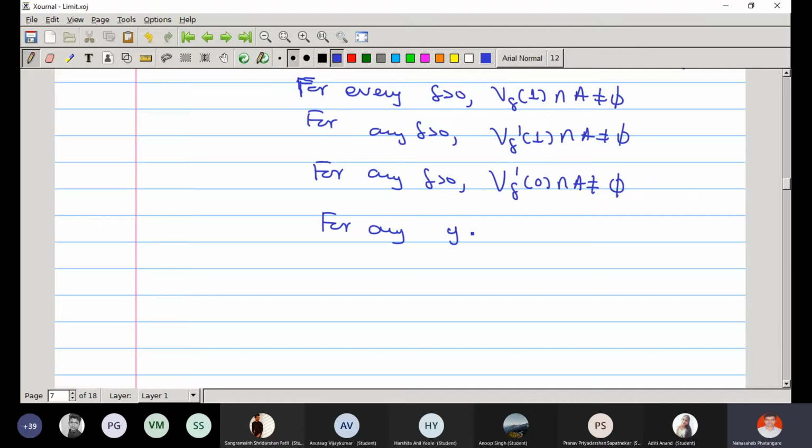For any y belongs to (0, 1), V delta dash y intersection A is non-empty for every delta.